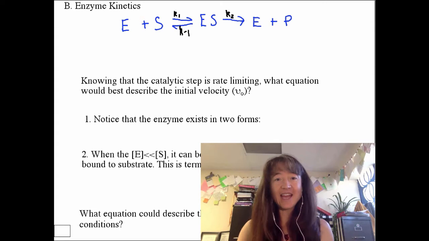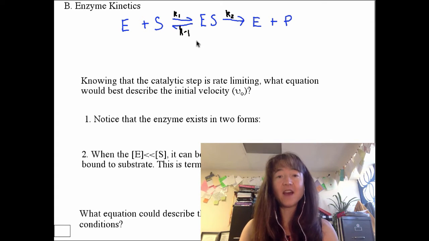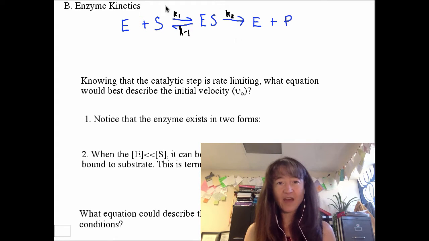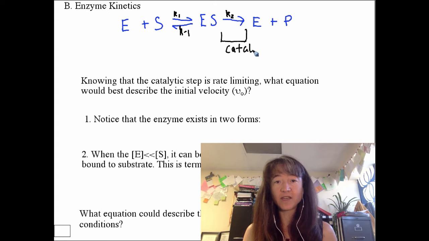So let's go ahead and write the labels on this. So recognizing that we have the two separate reactions, this one being the catalytic step and it being rate limiting. And so when we write the rate equation, we're going to consider this as the rate limiting step. And so it will define our rate equation.